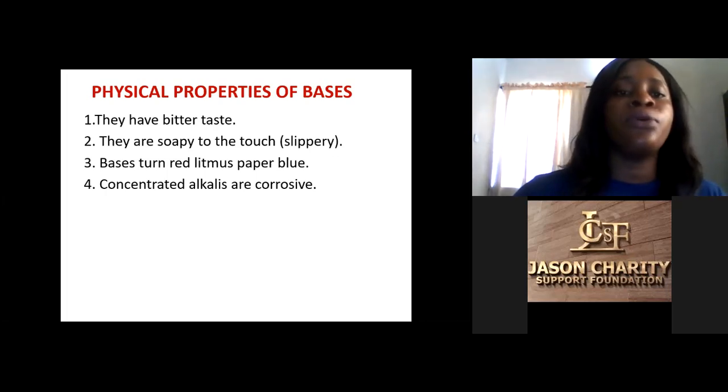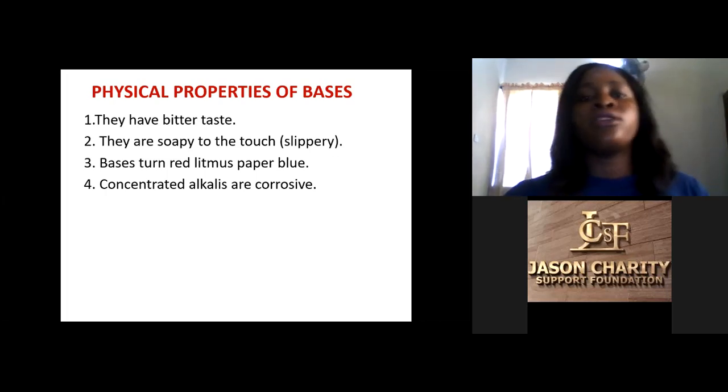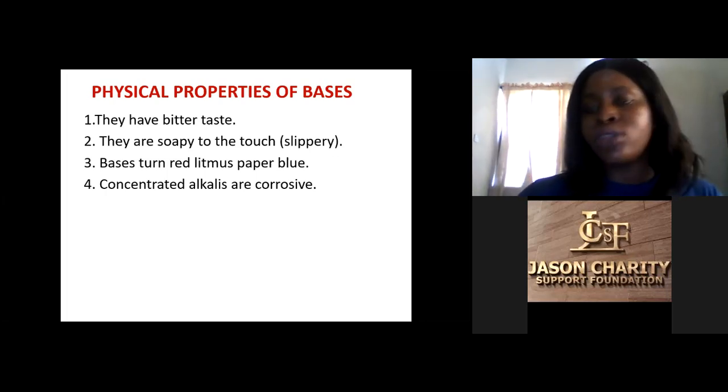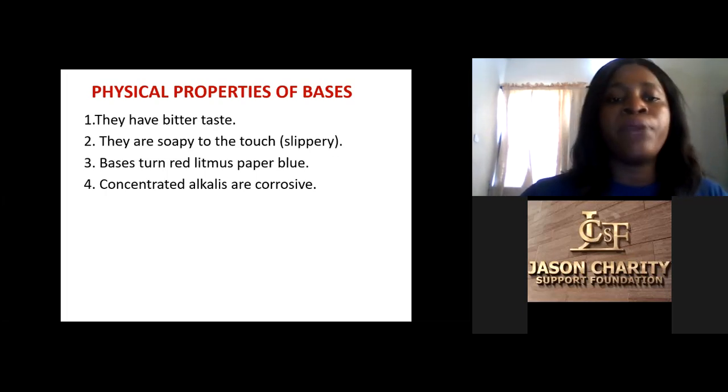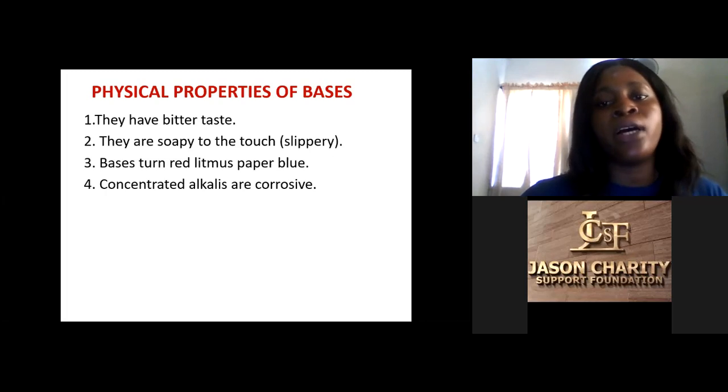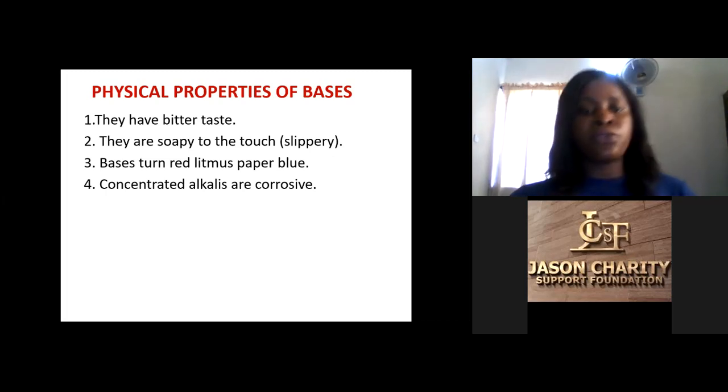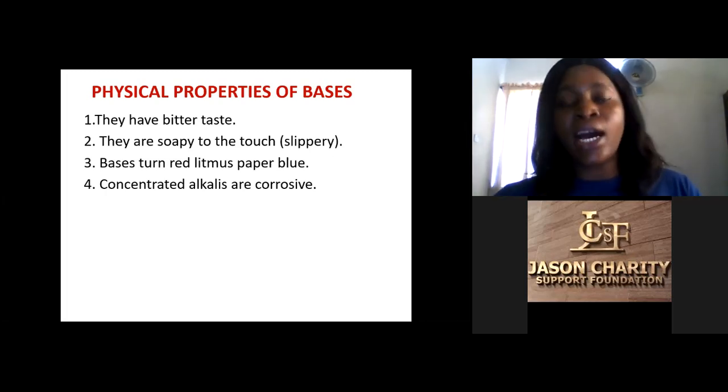These are basic substances. So they have a bitter taste and they are soapy to touch. When you touch a detergent or a soap, it feels soapy. Bases turn red litmus paper blue, and concentrated bases or alkalis are corrosive to the skin.